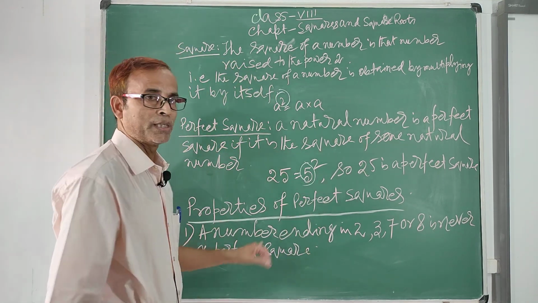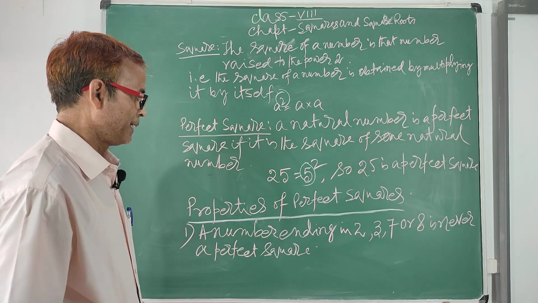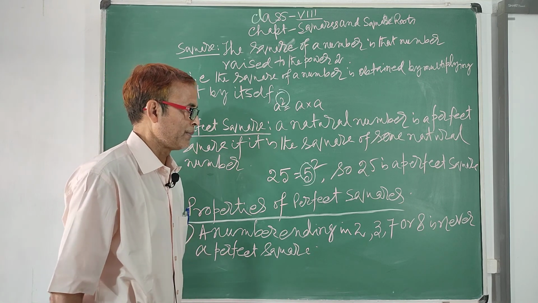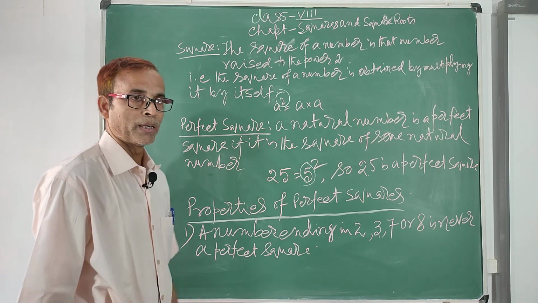Then the properties of perfect square numbers. A number ending in 2, 3, 7 or 8 is never a perfect square.